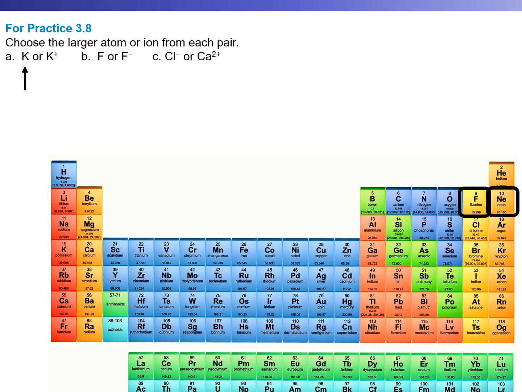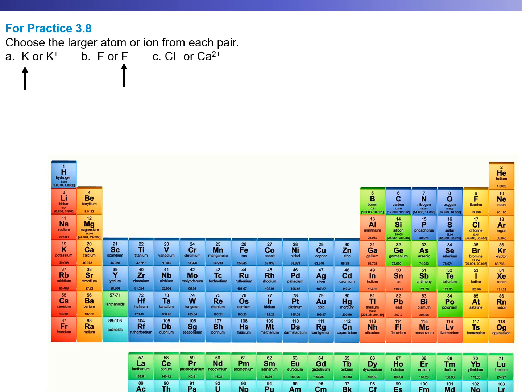So in this case, by adding that additional electron, we're going to get a slightly larger orbital in the ion than we would have in the atom. So the fluorine ion is actually going to be what's larger. And the trend with our negatively charged ions, or our anions, is that they have a tendency to be larger than the atom from which they were formed.